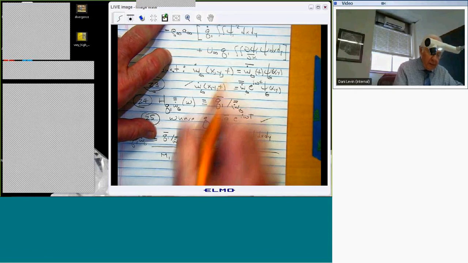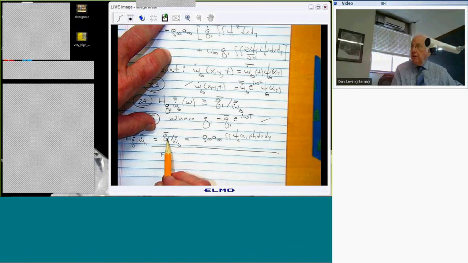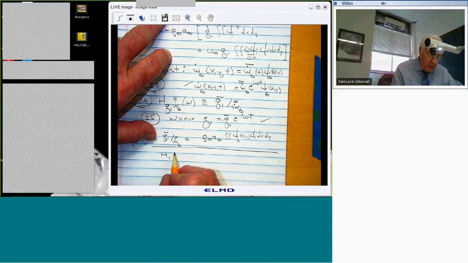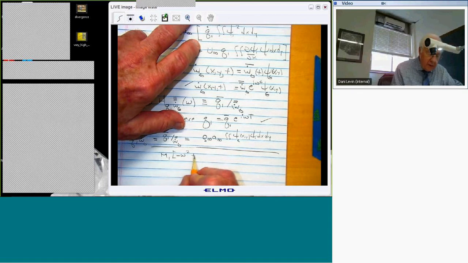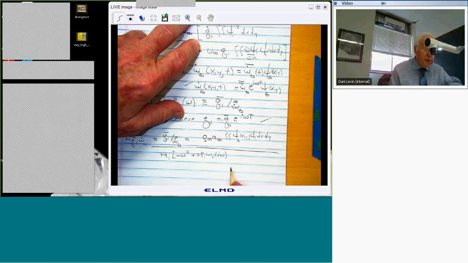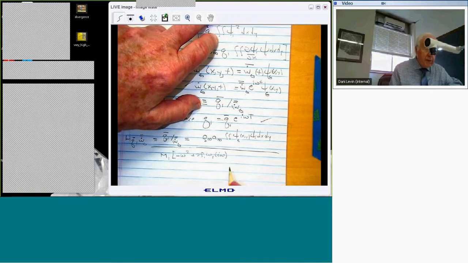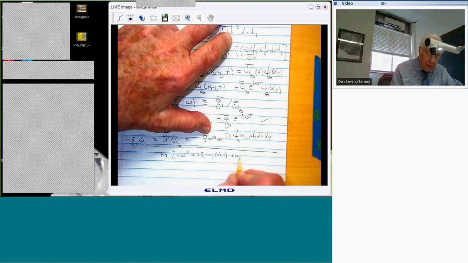On the bottom I have the coefficient of Q1, right? So it's M1 minus omega squared because I have the second derivative, plus 2 zeta 1 omega 1 i omega. This is going to be a complex number, of course, because of the Q dot term, plus omega 1 squared and all that.